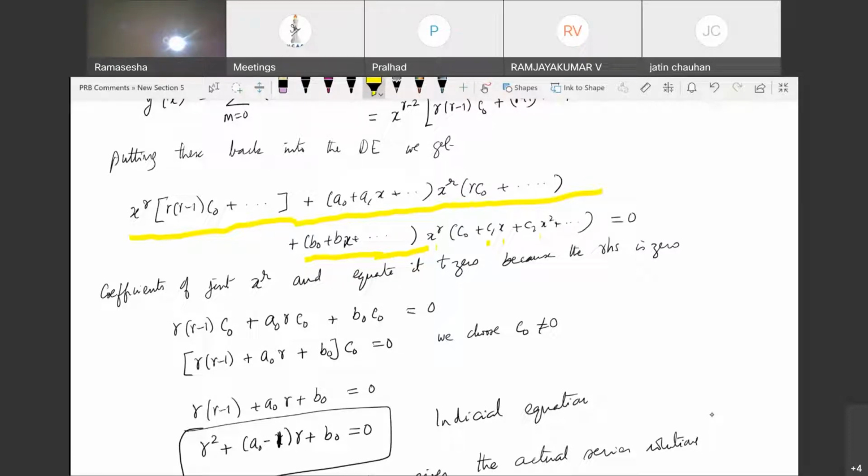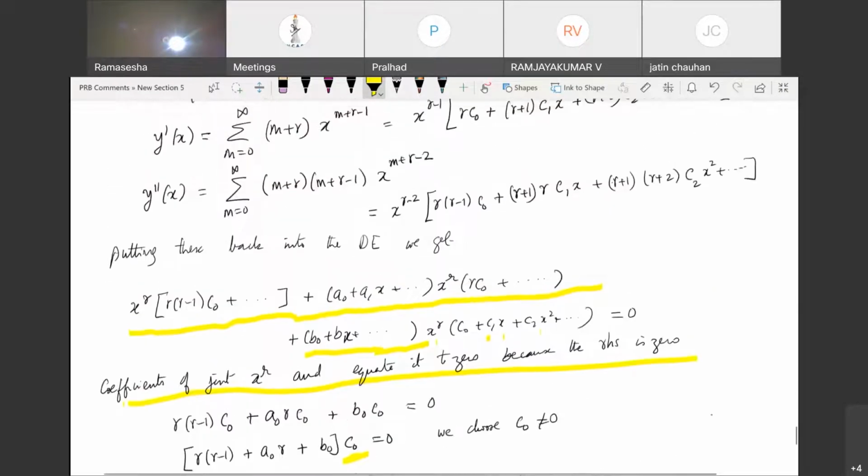Now you collect the coefficients of x to the power r on both sides and equate them, or you can collect the coefficients of x to the power r and equate it to 0, because on the right hand side you have only a 0. If you do that, you get c0 as a common factor, and then we have r(r minus 1) plus a0 r plus b0 times c0 is equal to 0. We have chosen c0 not equal to 0 because if c0 were equal to 0, then the series, instead of beginning with x to the power r, will begin with a different power.